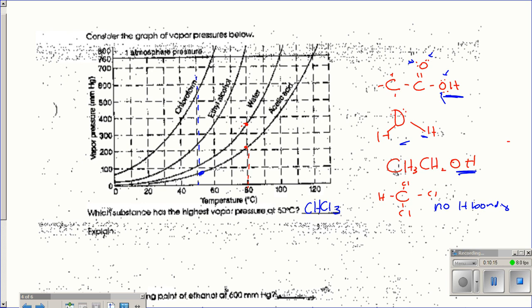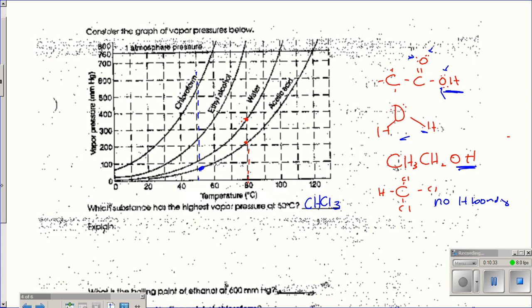What's the boiling point of ethanol at 600 millimeters of mercury? So, boiling point by definition is when the vapor pressure equals the atmospheric pressure. So when the atmospheric pressure is 600 millimeters of mercury, we're going to look at this chart.